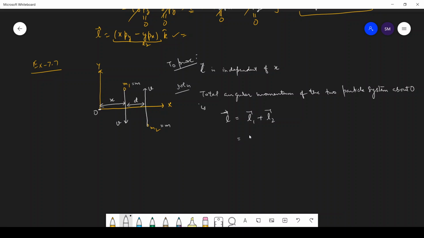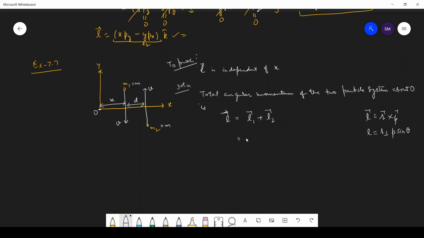What is L1? We have just written that L is equal to R cross P, right? And you can write it as R perpendicular into P, if you are writing the magnitude, into the sine of the angle between R and P.